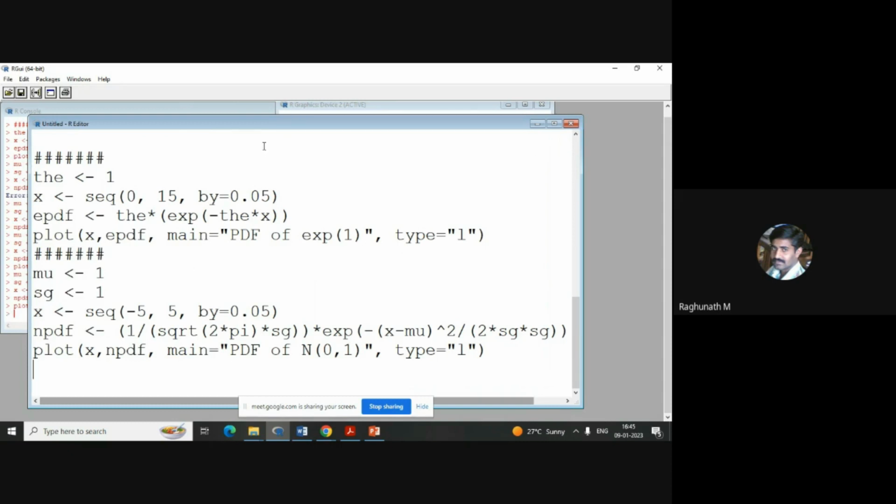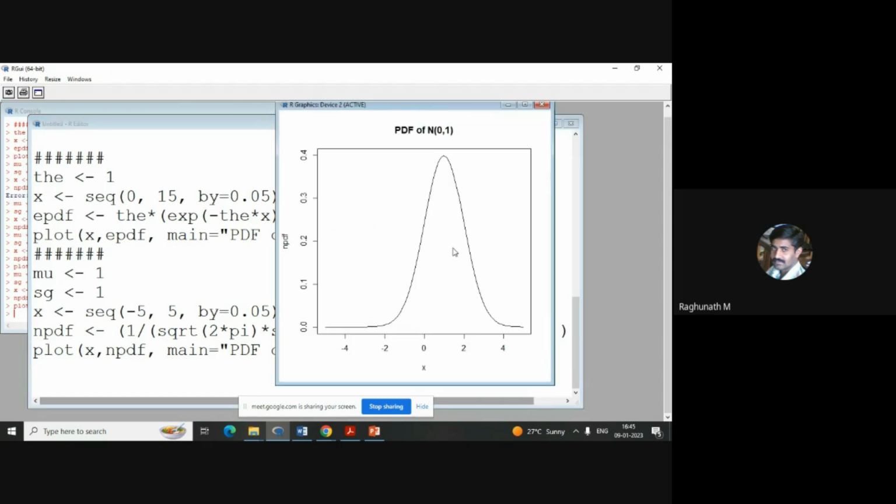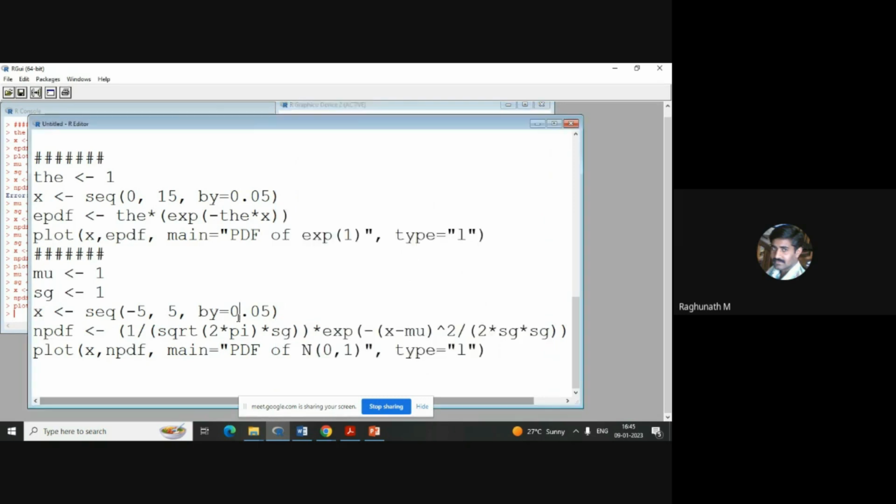So if you observe the plot of this one, whatever mu 1, clearly you can see this graph is going to be again symmetric about 1. That means there is only a shift. The curve looks very similar to whatever you have seen in the earlier case, but only the graph is shifted. The symmetric graph, whatever is there, is shifted from 0 to symmetric about 1.